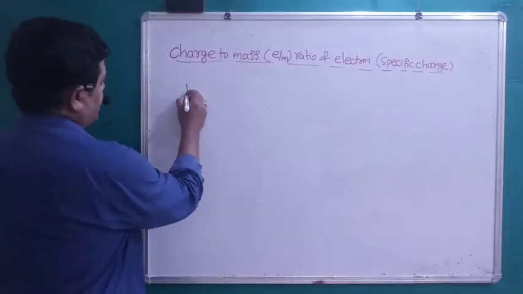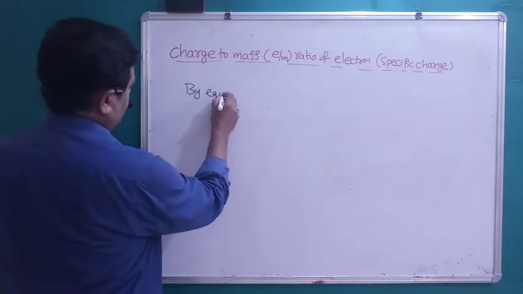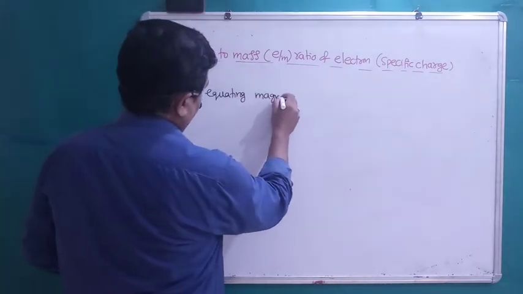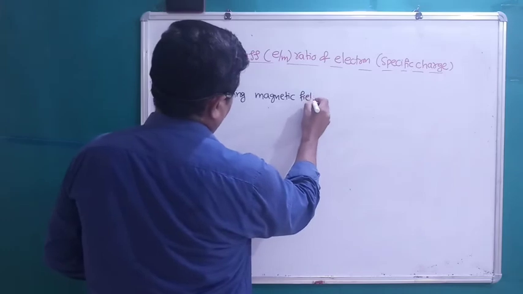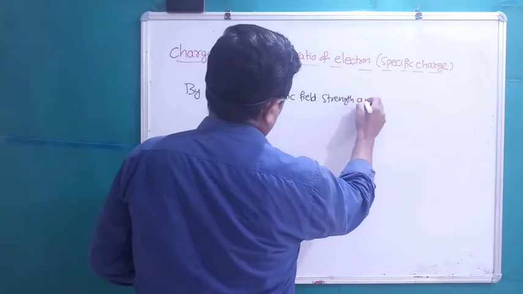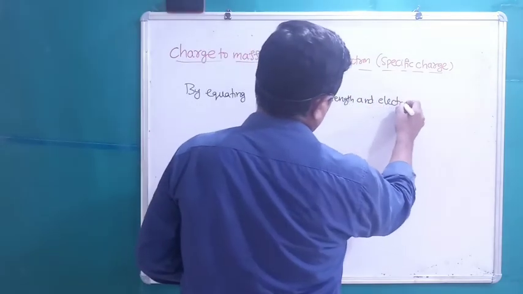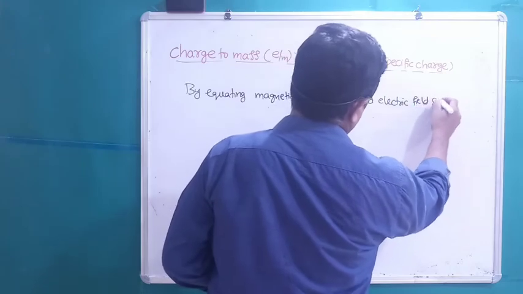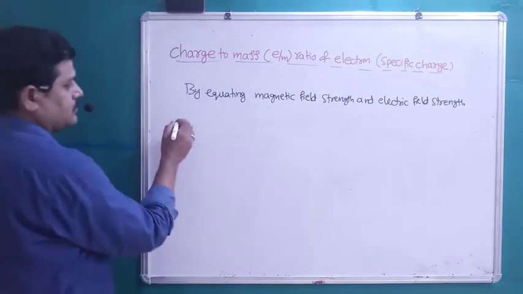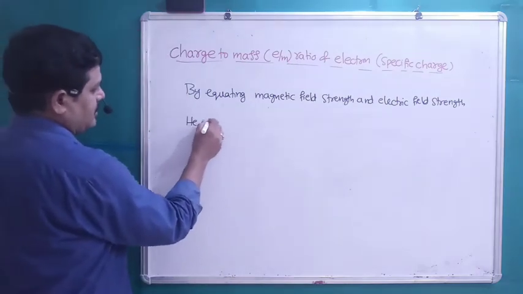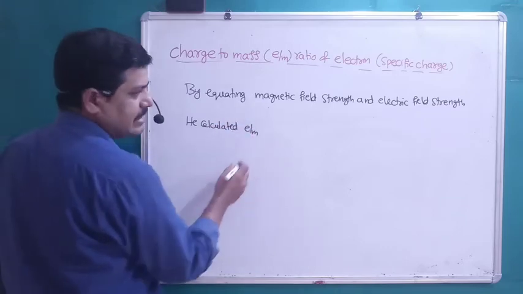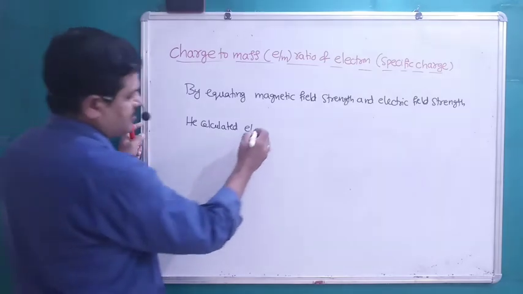Students, by equating the magnetic field strength and electric field strength, because these values are known, he calculated the e by m value, that is the charge to mass ratio of electron.